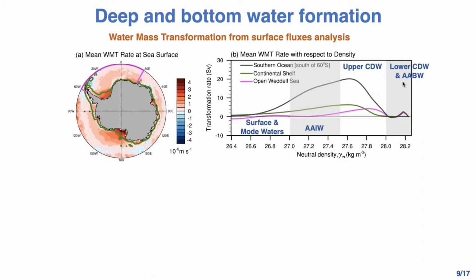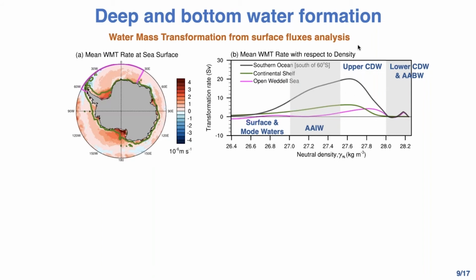Okay. So the black curve represents the overall water mass transformation rate in all of the Southern Ocean south of 60 south. And this is for the winter season only. I believe it's March to October.